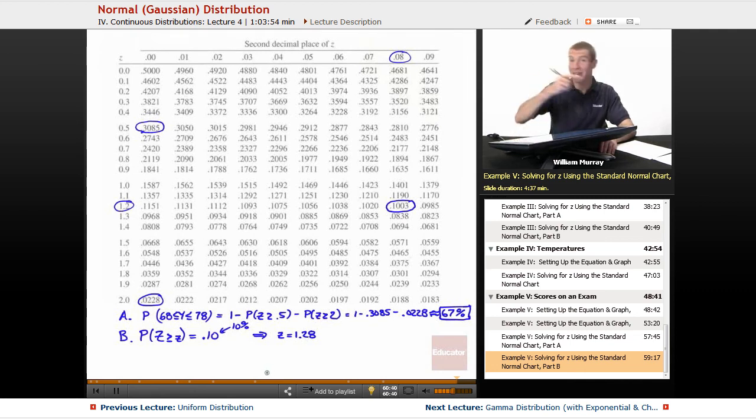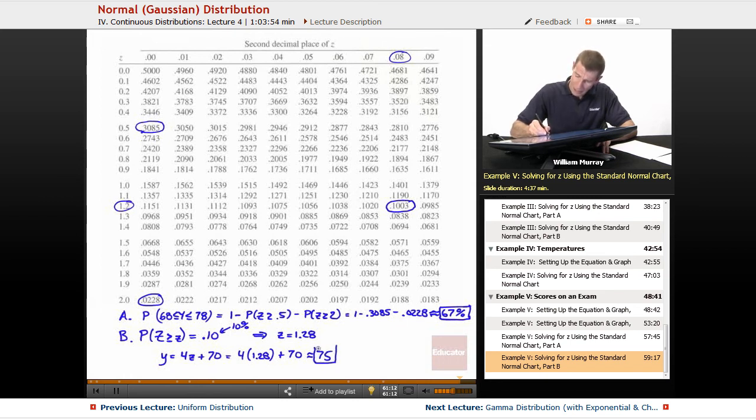But now I have to convert that back into a y-score on the exam. So my y, which I worked out on the previous page, was 4z plus 70. So that's 4 times 1.28 plus 70. If you calculate that out, it comes out very close to 75, just slightly above 75.